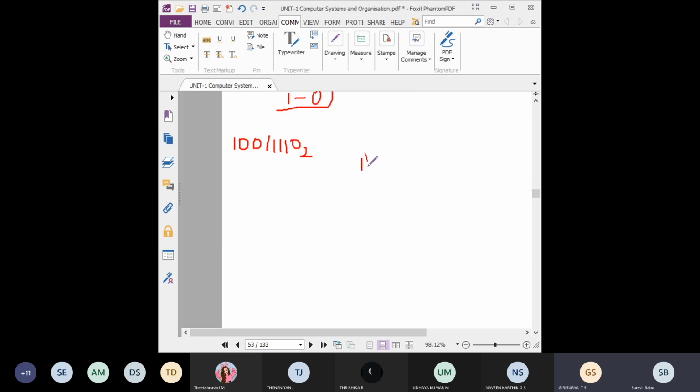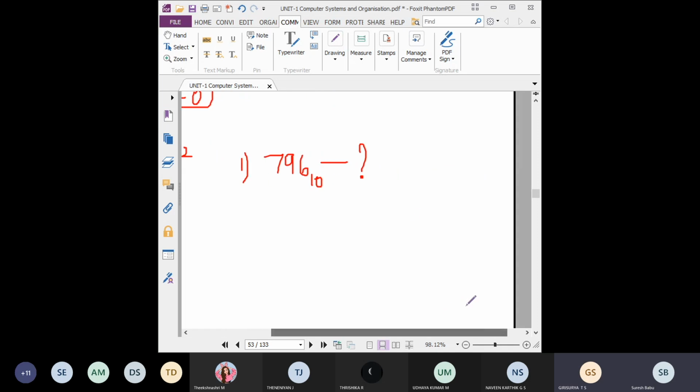Now kindly note down your homework. The first homework: 796. This is our decimal number. I need this number's equivalent in binary, octal and also hexadecimal.